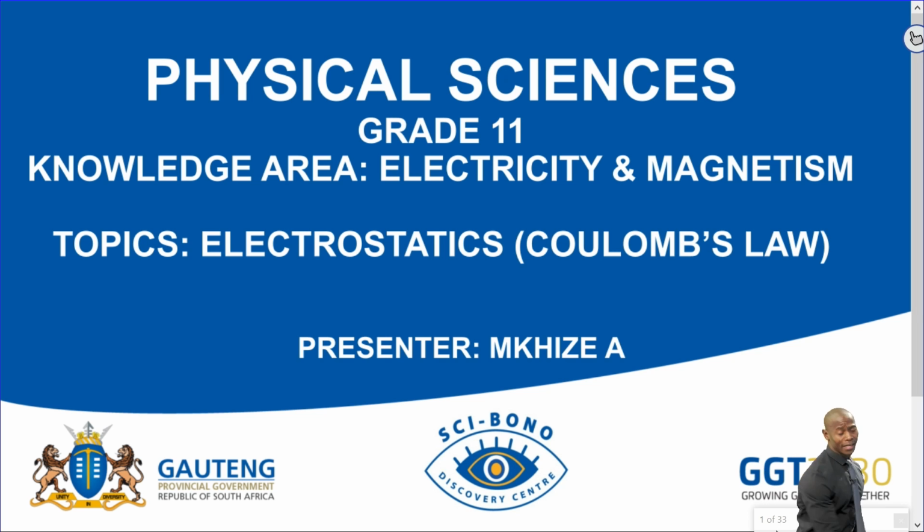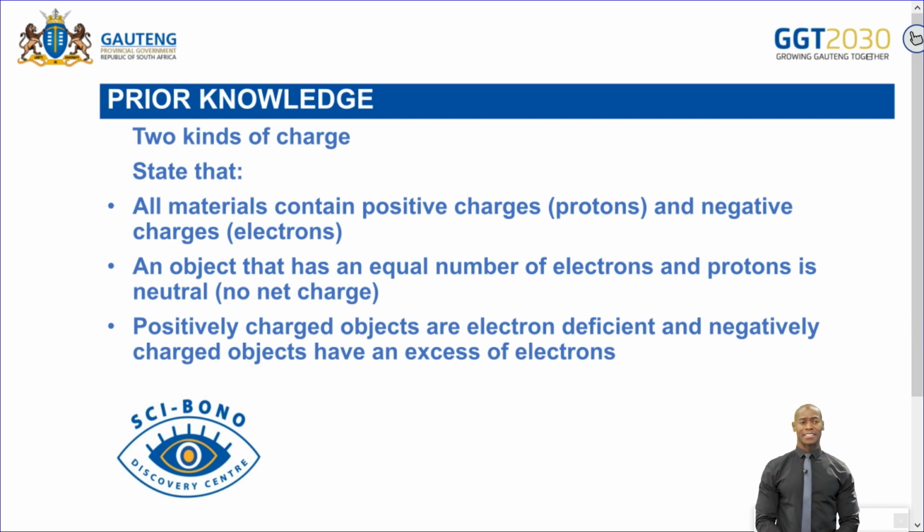Right. Learners, you Grade 11s, you did electrostatics in Grade 10. You know that all materials contain positive and negative charges. Some materials have an equal number of positive and negative charges, or an equal number of electrons and protons, and we say those materials are neutrally charged.